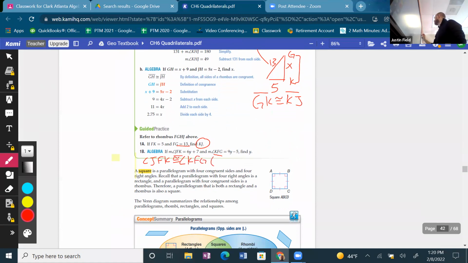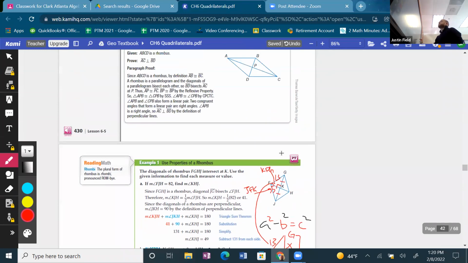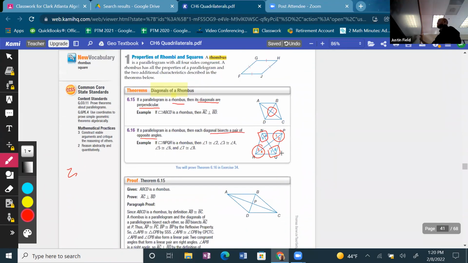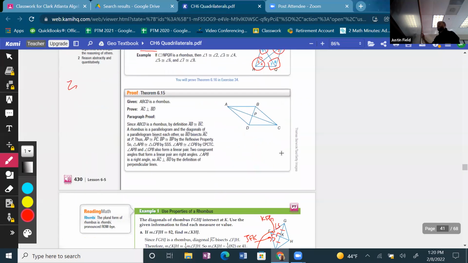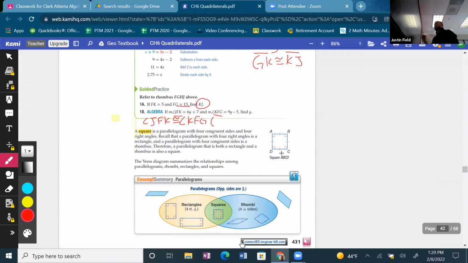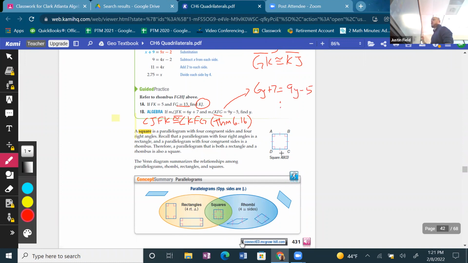And I'm even going to put my theorem number here, so I can start memorizing the theorems. That would be theorem 616. And because they're congruent, the expressions can be set equal. 6y plus 7 equals 9y minus 5. And on you go.